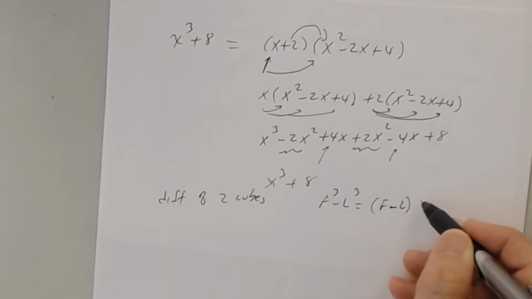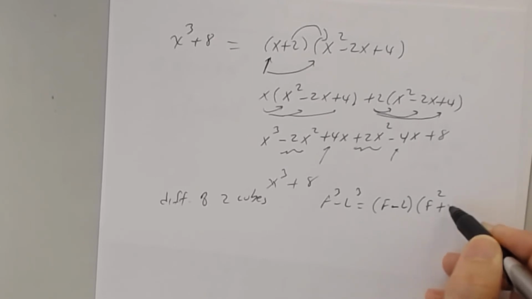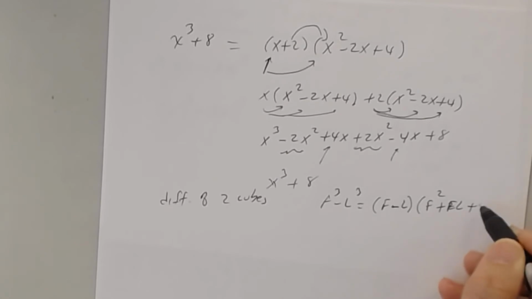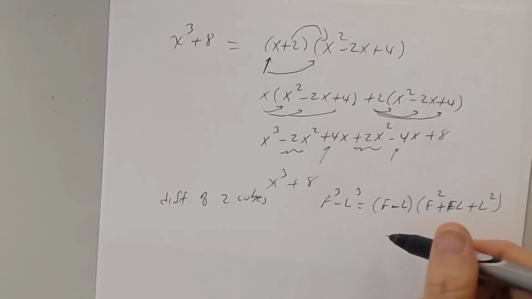What's the trinomial? F squared plus fL plus L squared. So that's a formula we were working with a while ago.